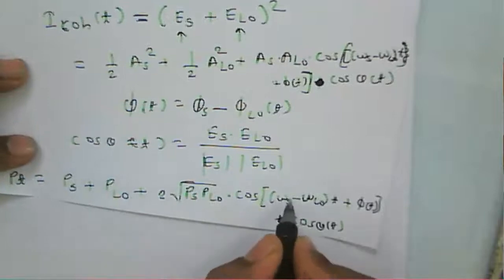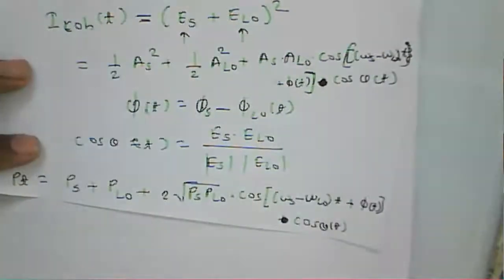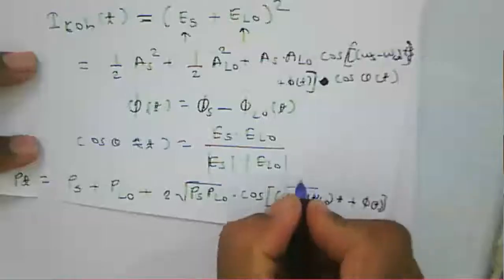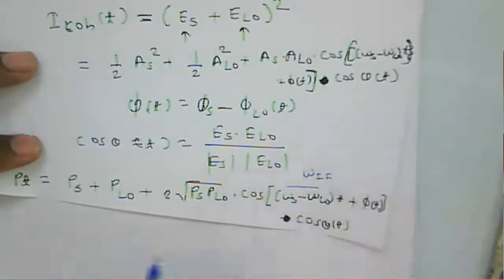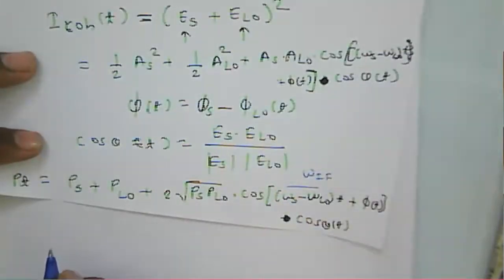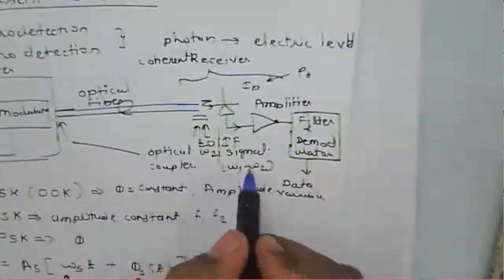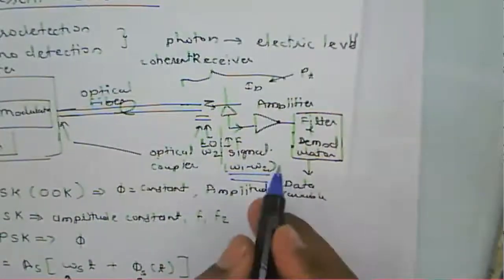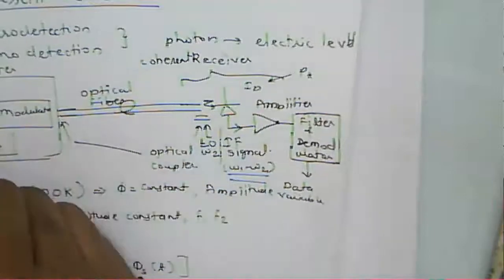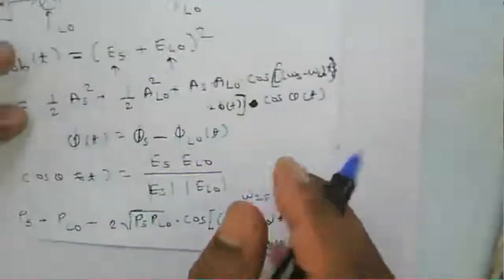So here omega S minus omega LO is nothing but an intermediate frequency signal, omega IF. This one we call the intermediate frequency signal, like omega 1 minus omega 2.